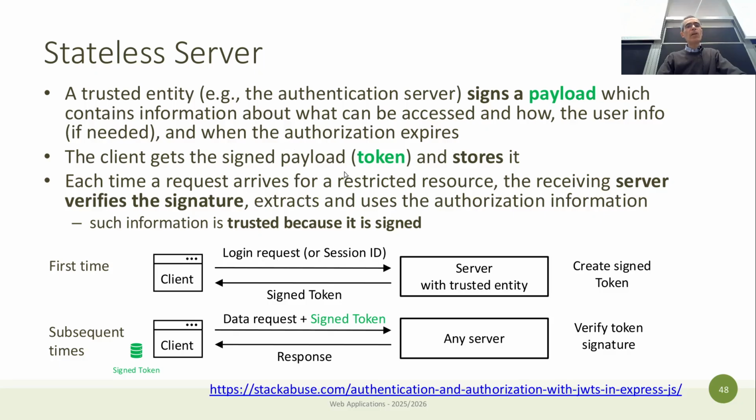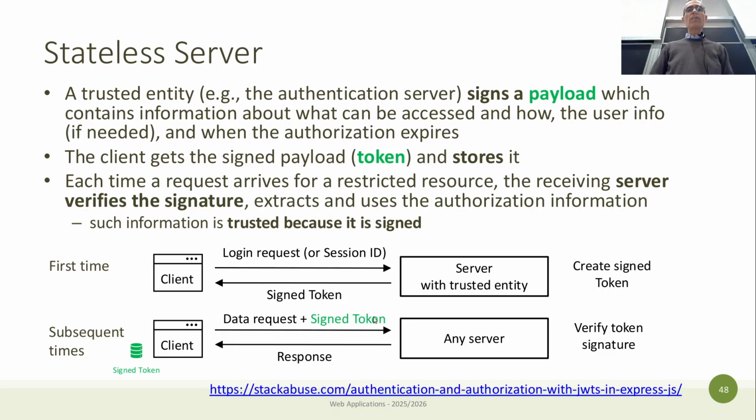And this payload, which we will call token because it's typically called token in this context, is taken and stored by the client, okay? And each time you want to make a request that involves the resource for which you have this payload assigned, stored on the client, you need to send a request plus the signed payload, okay?